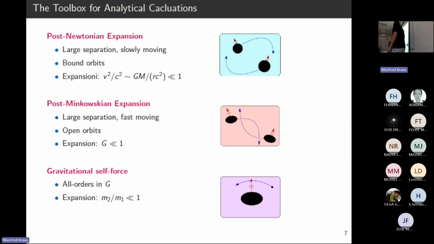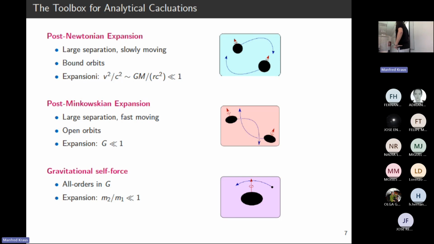This expansion essentially just assumes that the Newton constant G is small. This is very typical also in quantum field theory: you have a small coupling constant. You're not doing a simultaneous small coupling and small velocity expansion in quantum field theory. And lastly, there's something called gravitational self-force.